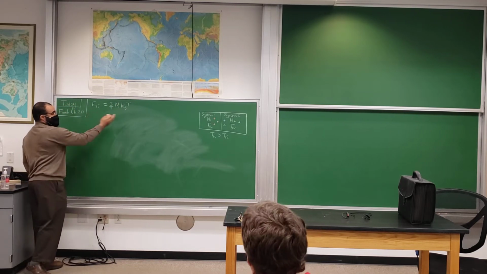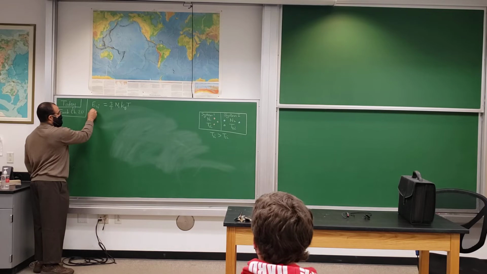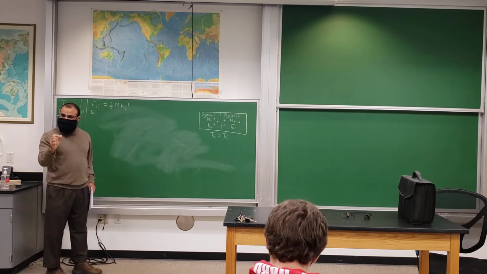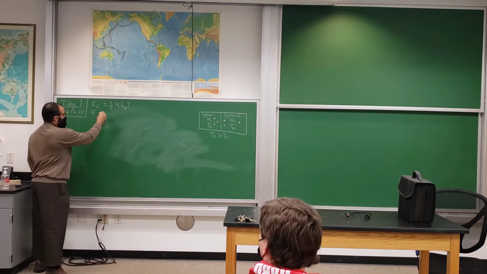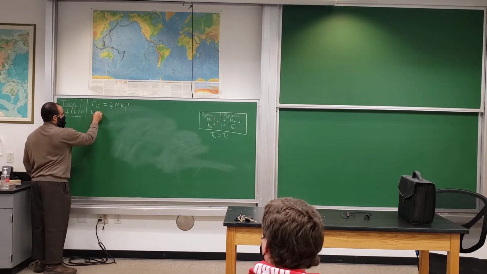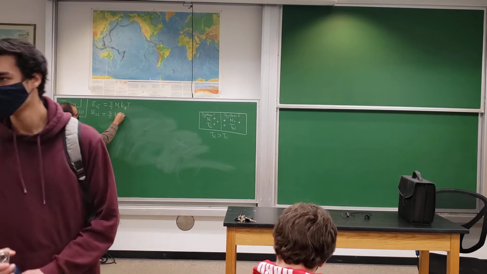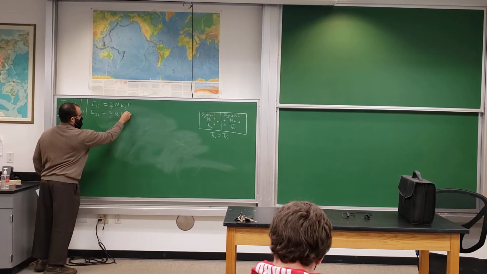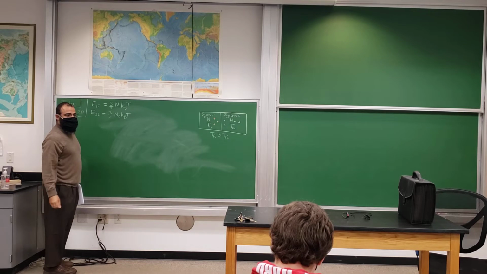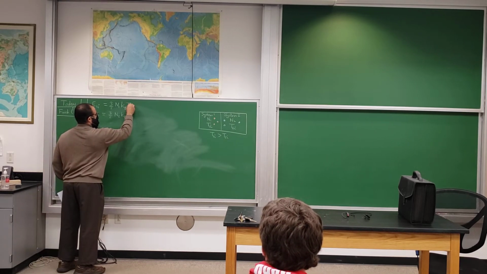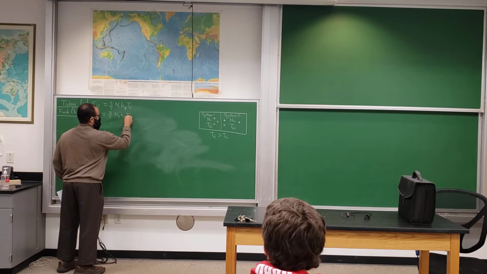And then for system 2, you got the total energy. So if you add every molecule's kinetic energy, E2 initial would be 3/2 N2 k_B times the temperature, right? Oh, I should say T1 initial. T1 initial. And this one is T2 initial, right?